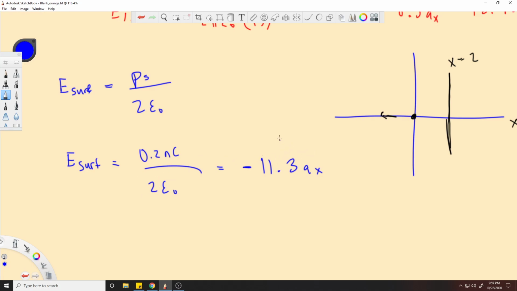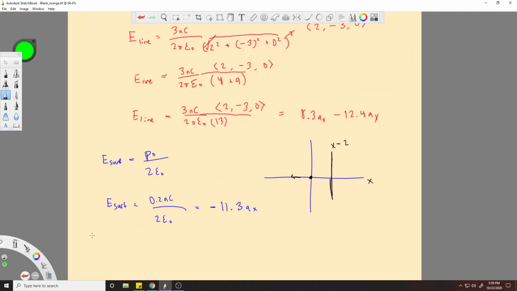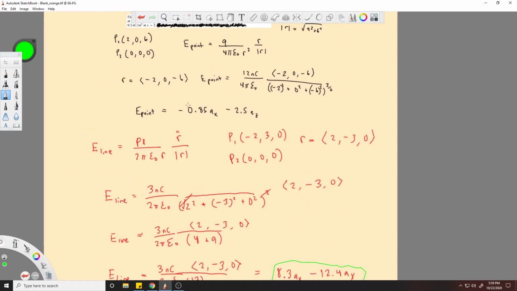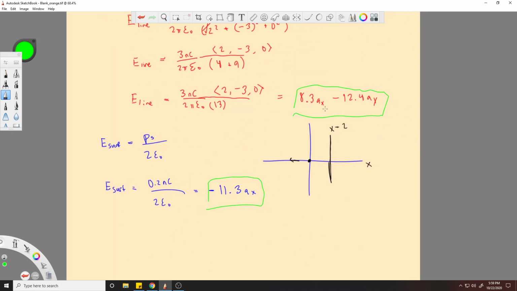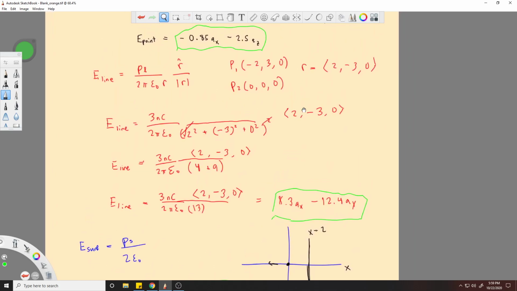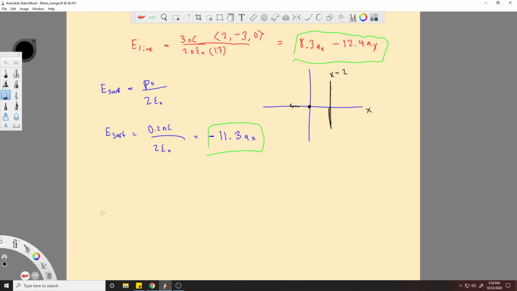So that's our 3. So now we have this part, and this part. And now we know all the things that are influencing the electric field at the origin. So we would just add those 3 vectors together, and that's the answer.